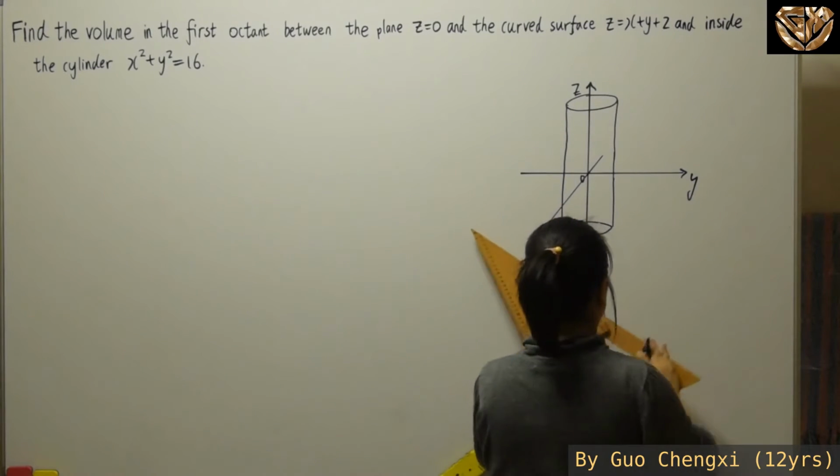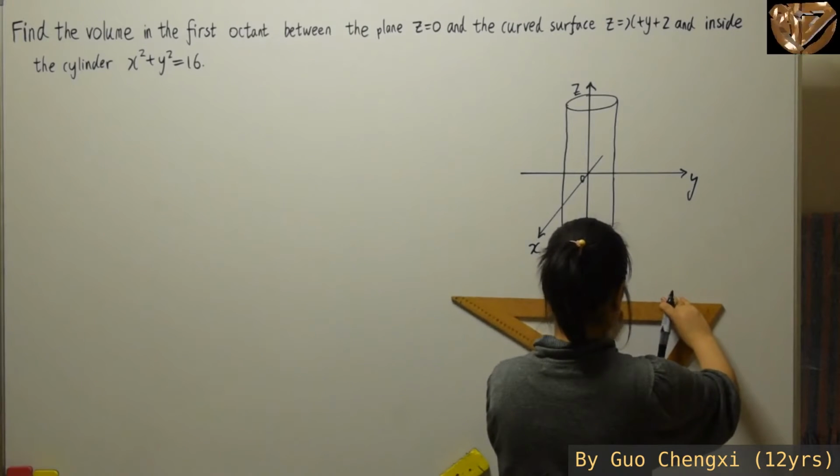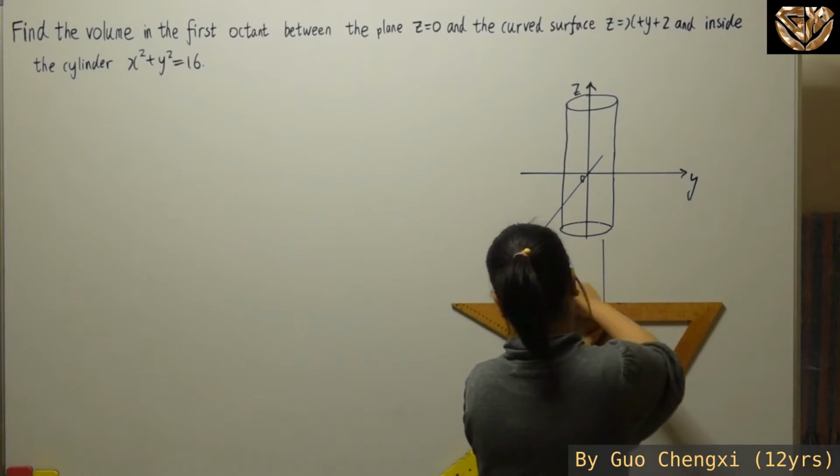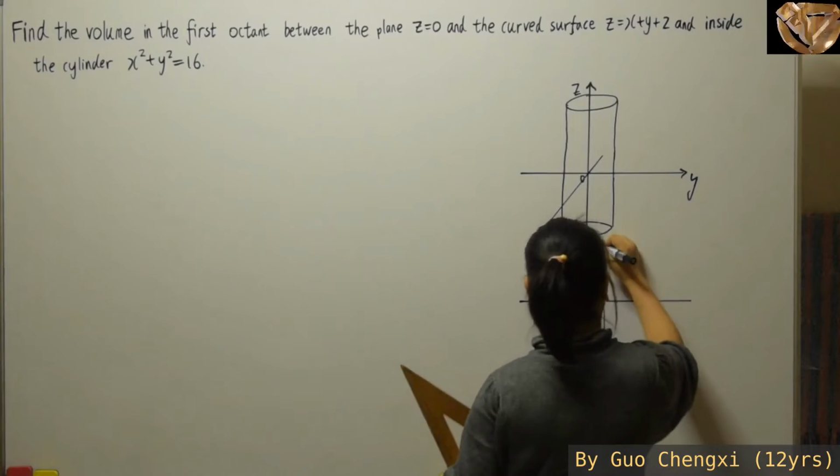And what does that show? x squared plus y squared equals 16 means that x squared plus y squared is 4 squared.